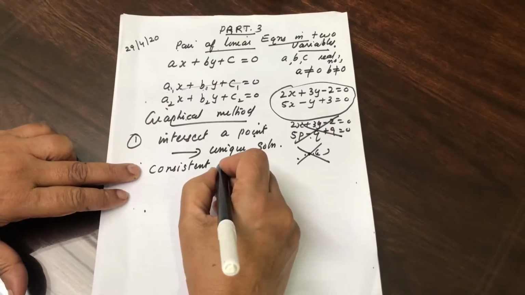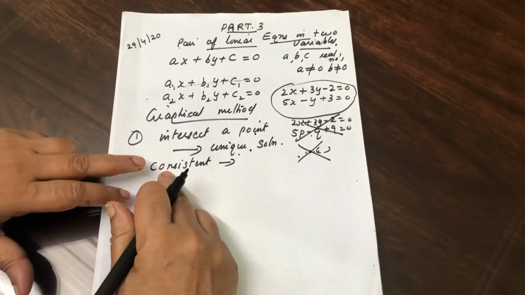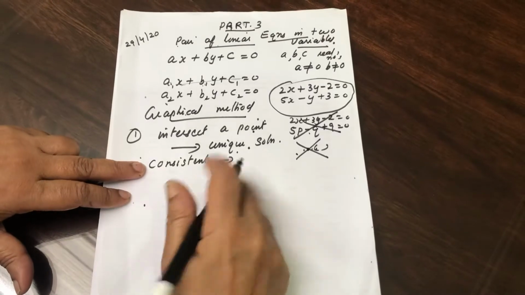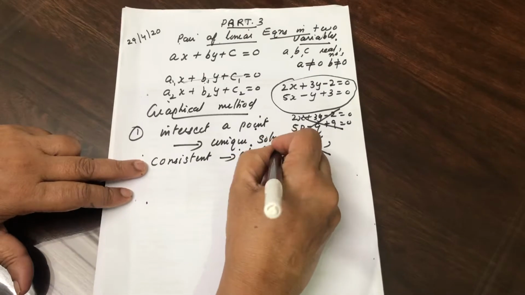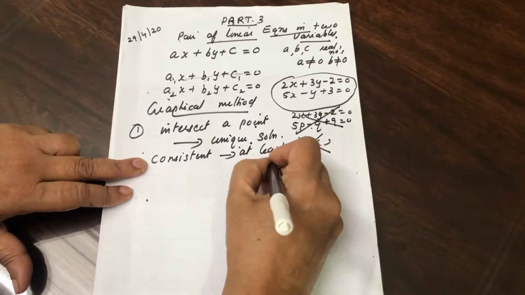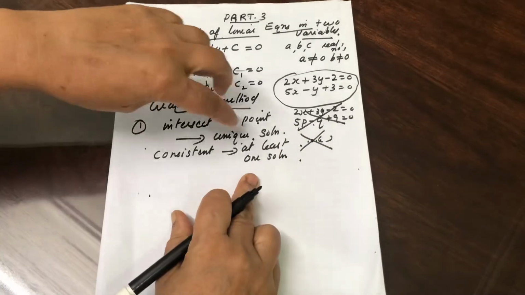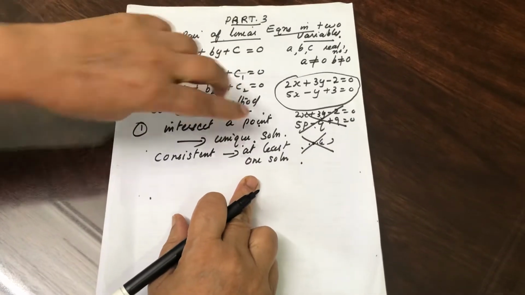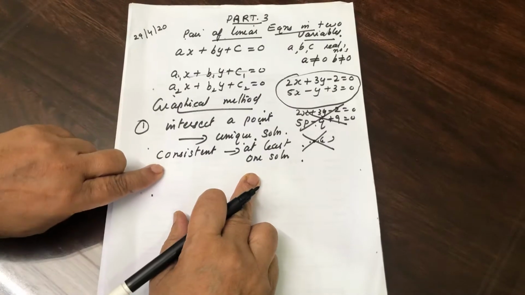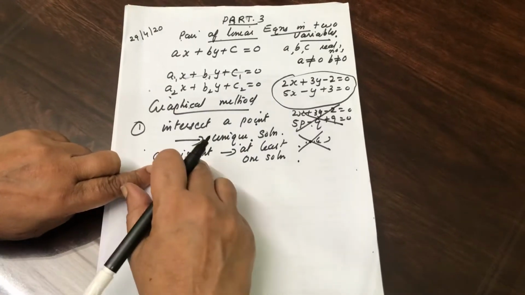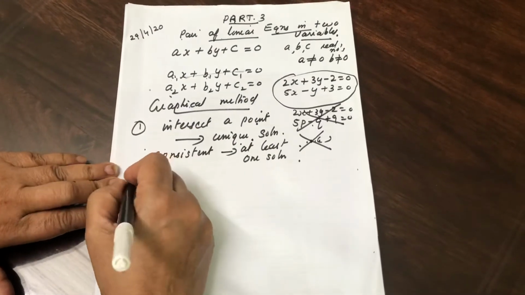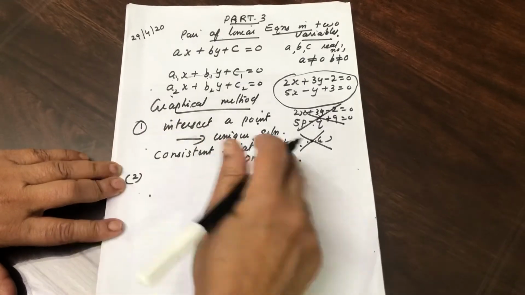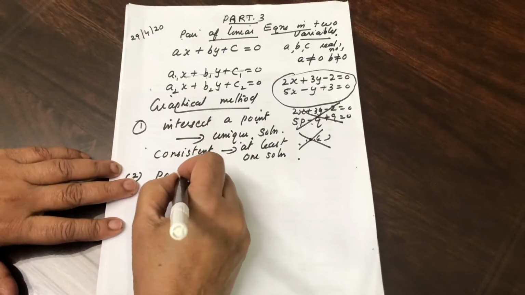What is the meaning of consistent? Consistent means the equations should have at least one solution. Here it has a unique solution, so this pair of linear equations is called consistent. Then the second case: the two lines are parallel.